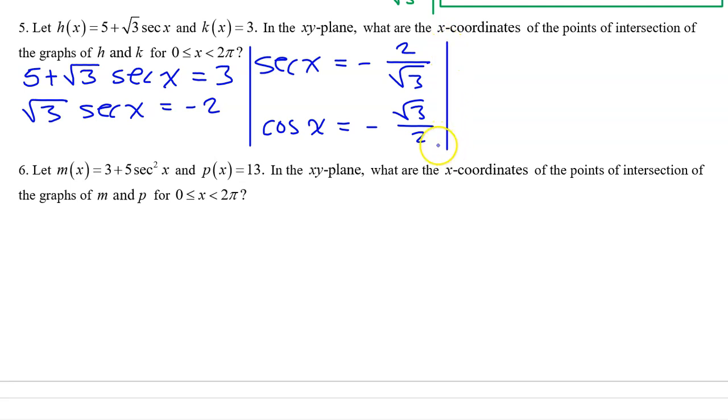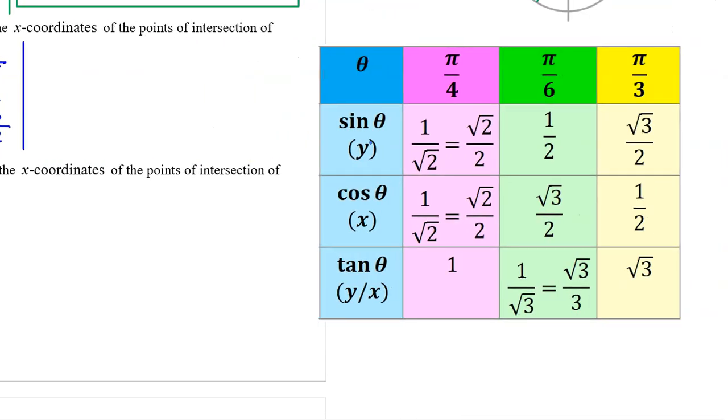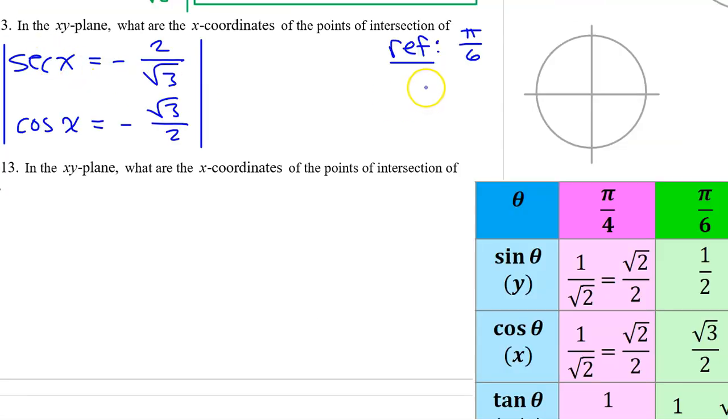We can discover the reference angle by ignoring this negative sign and asking ourselves the cosine of what is equal to radical 3 over 2. We have memorized that the cosine of pi over 6 is radical 3 over 2. So the reference angle is pi over 6.